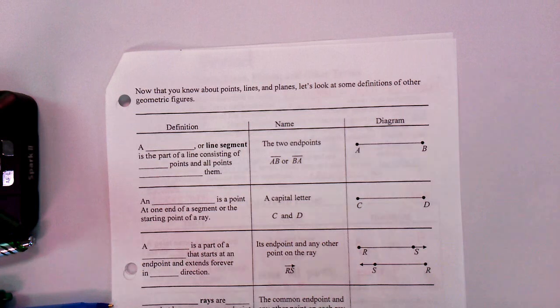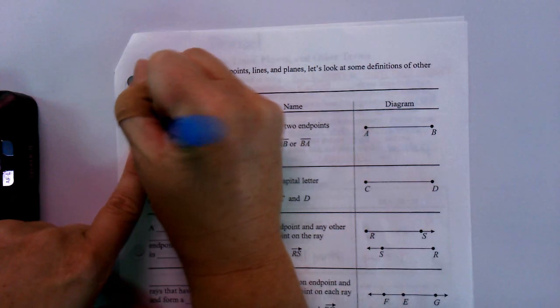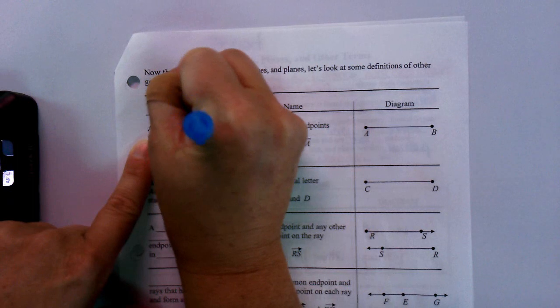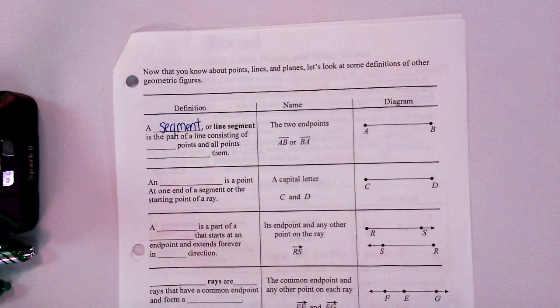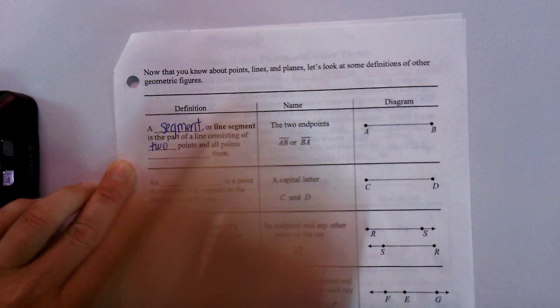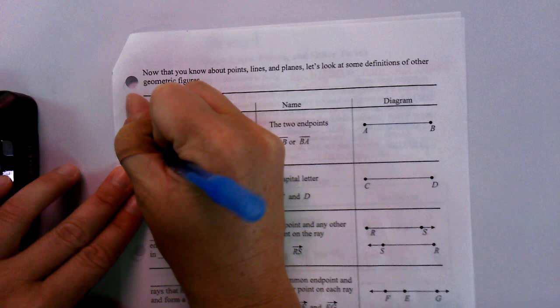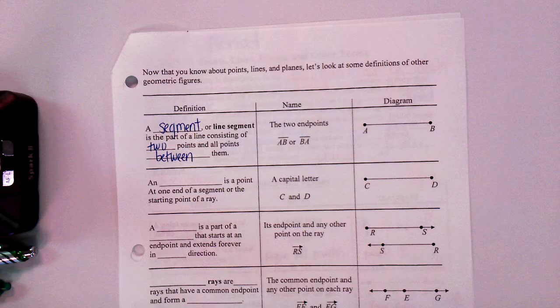All right, here we go. A segment or a line. A segment is part of a line. It consists of 2 points and all the points between. The difference between a segment and a line is that there's no arrows.